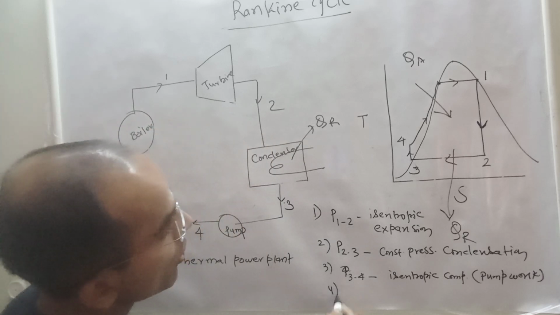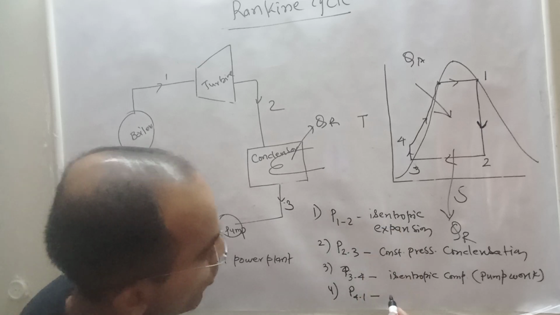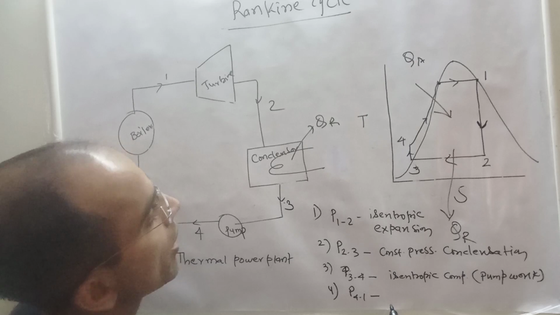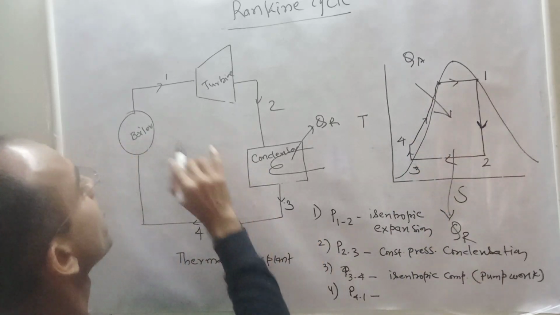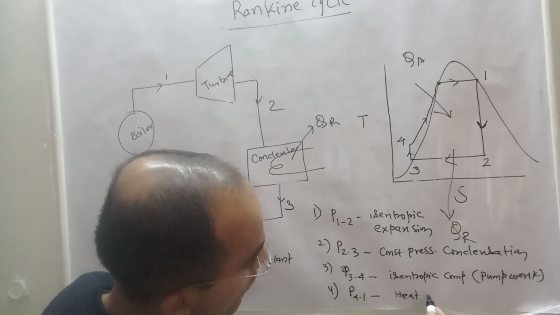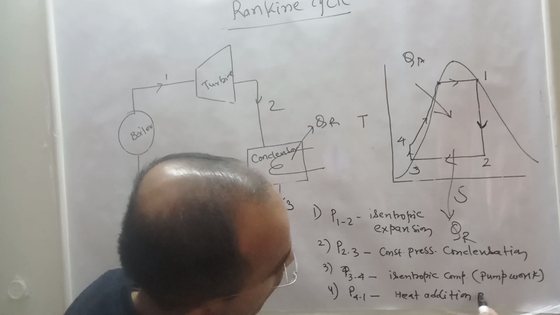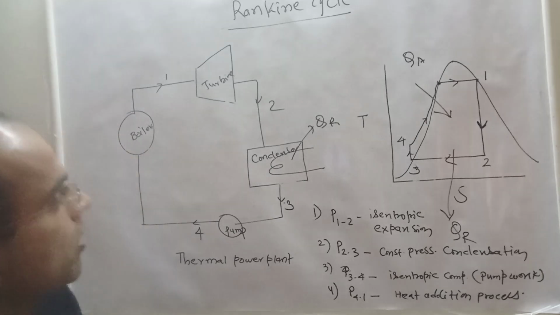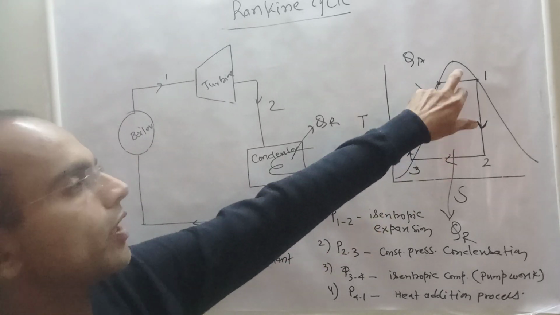Now the fourth is process 4 to 1, that is the heat addition process. This heat addition process occurs at constant pressure in the boiler.